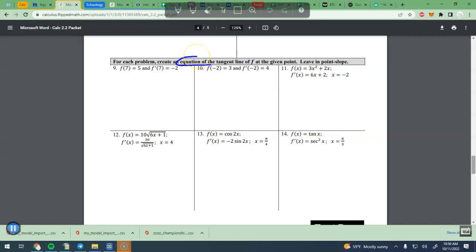The equation of the tangent line. That's just the equation of a line. Is something you'll be asked to do very often. So, kind of the general pattern that gets used is that. Where that's the y value, which comes from f of x.